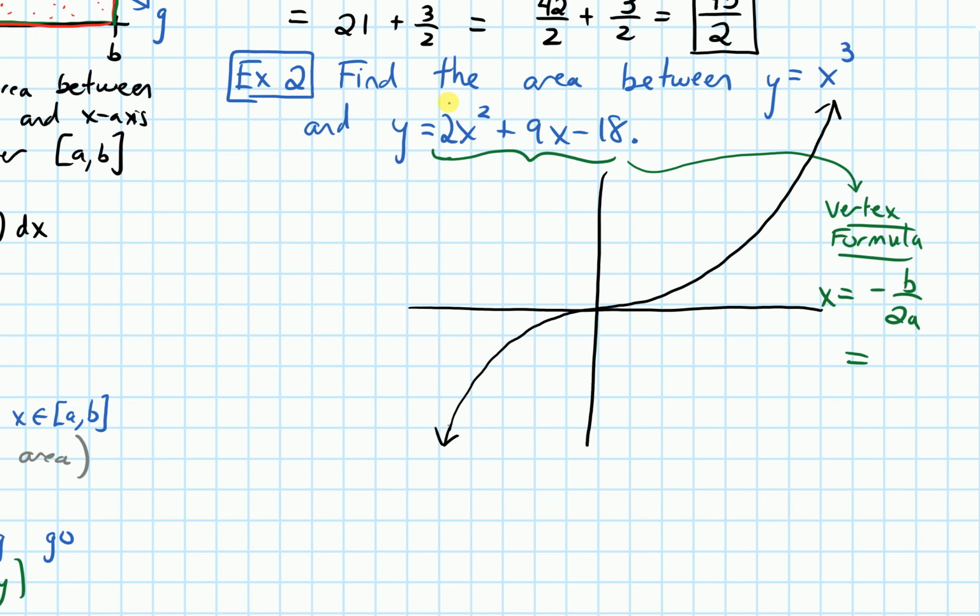So we're thinking of this as being in the form ax squared plus bx plus c. So the b is 9, so we'll get negative 9 on top. And a is 2, so we'll get 2 times 2 on the bottom, which is negative 9/4.